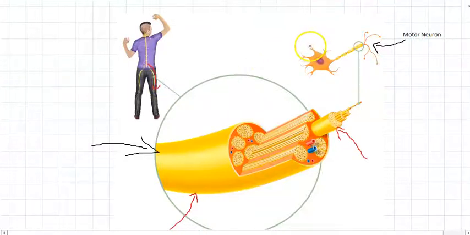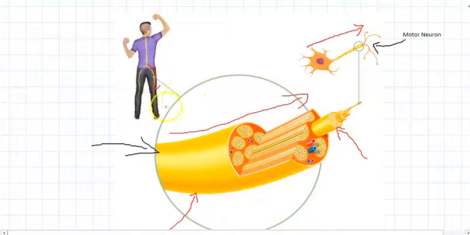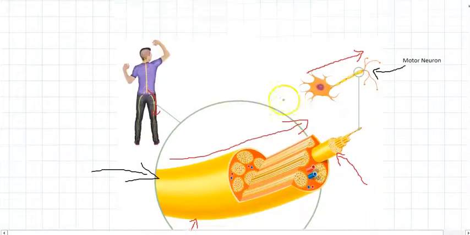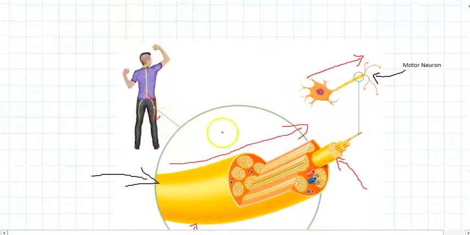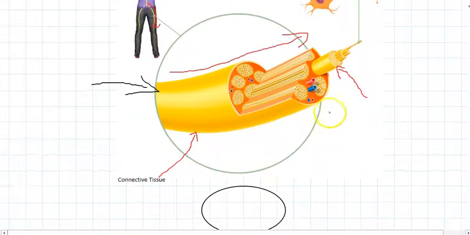Remember the nerve impulse or the action potential travels from the cell body down the axon in motor neurons. So in this particular nerve, the messages are traveling away from the central nervous system, but other nerves are carrying messages from the receptors back up to the central nervous system.